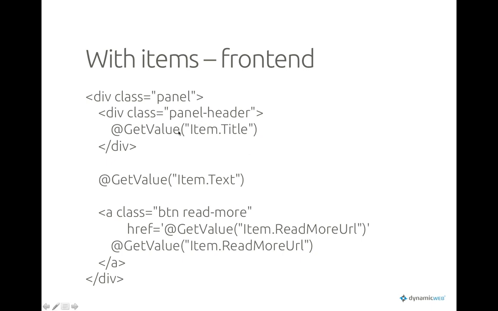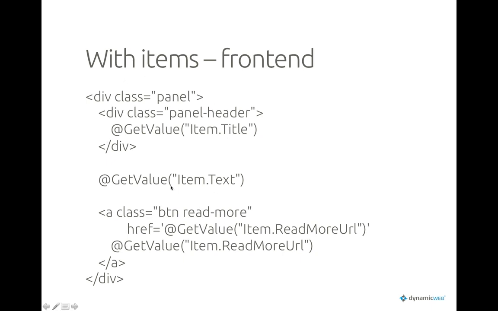we can make sure that the title of the item is actually wrapped in a div with a class panel header in this case, and we can render the text, and then we can ourselves add the A element we need for the link, and we can make sure, we as front-end implementers that know how to use HTML and CSS and stuff like that, can add the classes that are needed, in this case this class attribute, and we can add the href attribute and stuff like that.